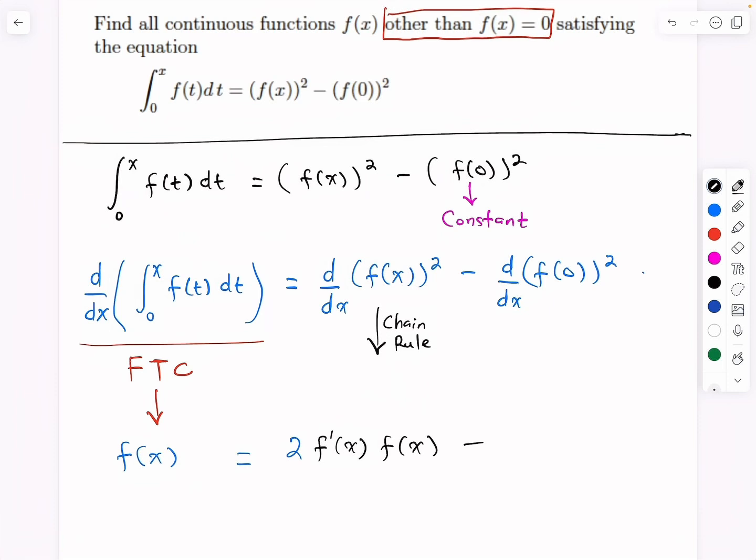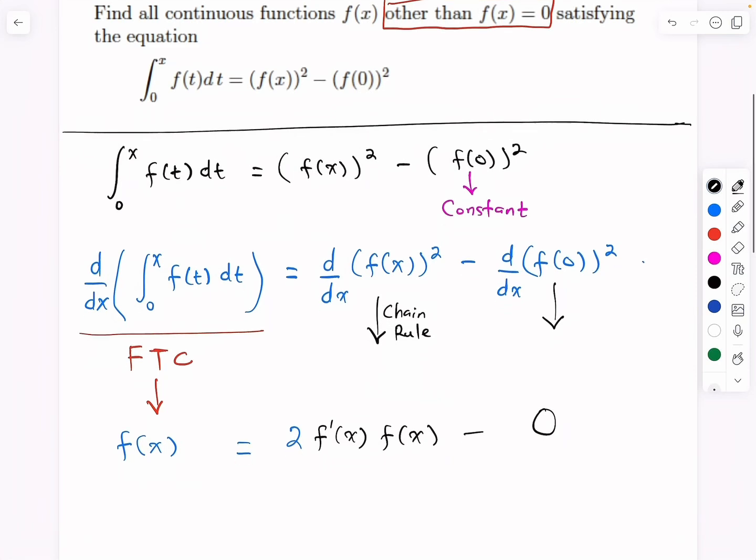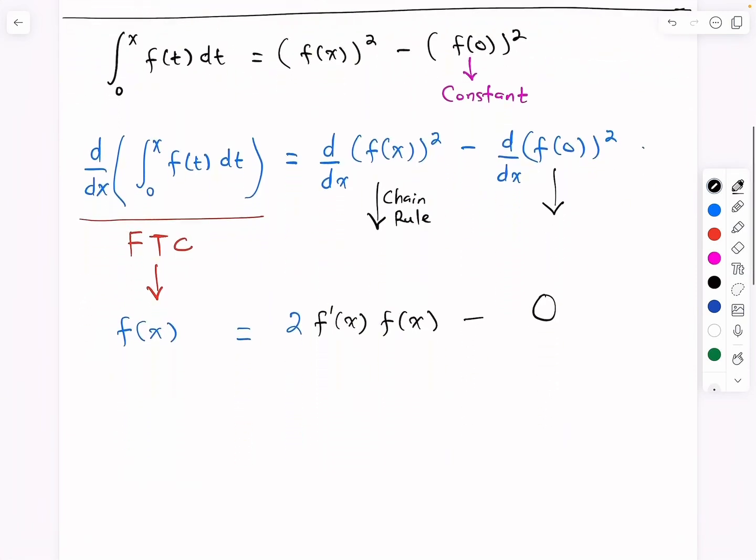Minus the derivative of a constant, which gives 0. So f of x equals 2 f prime of x times f of x.